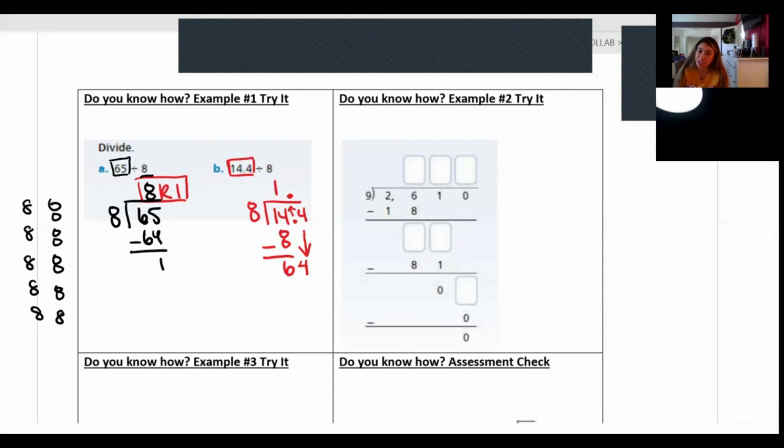Well, we just did this from A. 8 goes into 64 evenly 8 times. So we'll put that 8 over that 4. We'll find the difference. We're left with nothing, which is nice and clean. So our answer is 1.8. Yay. I love it.